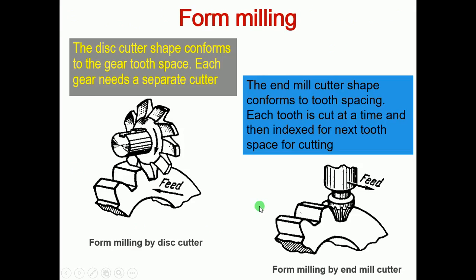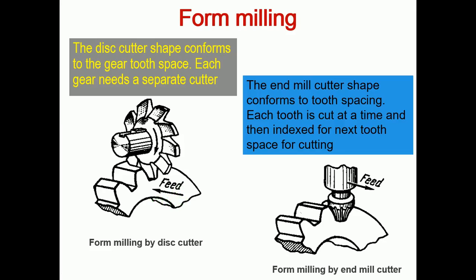Now, next is called form milling. Most gears are generated by using milling operations. Form milling. The disc cutter shape conforms to the gear tooth space. Each gear needs a separate cutter. These form cutters are used to generate gears by form milling.